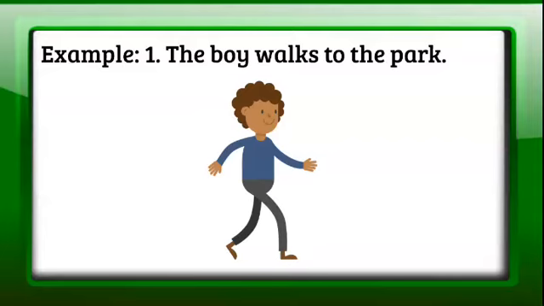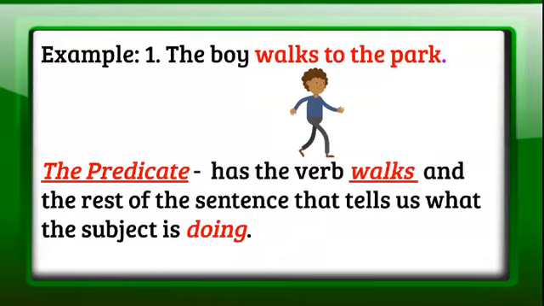So let's look at our example. Sentence number 1. The boy walks to the park. The predicate has the verb walks and the rest of the sentence that tells us what the subject is doing. So the predicate: walks to the park.